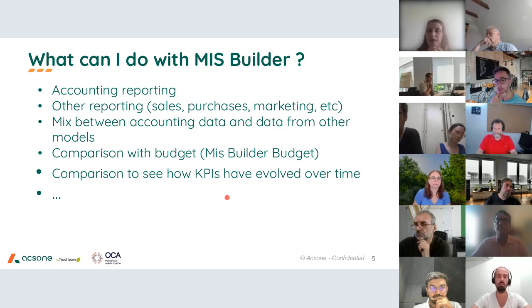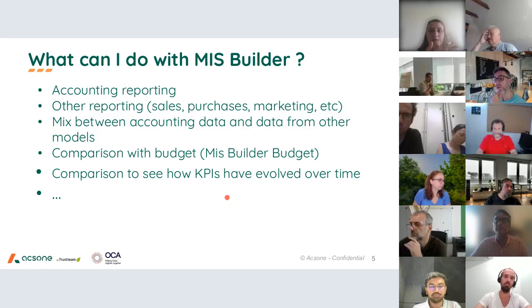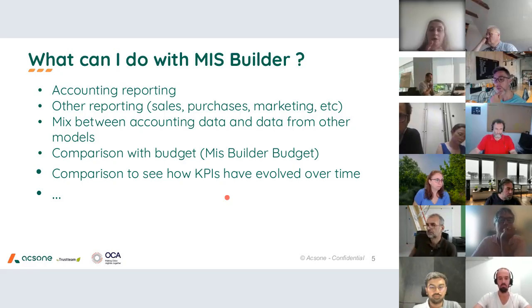Another thing that you can make with MIS Builder is other reporting, like sales, purchase, marketing. For example, you can obtain a report with the number of sales and the revenue for a customer in a specific country. And you can mix all data, so accounting data and data from other models.